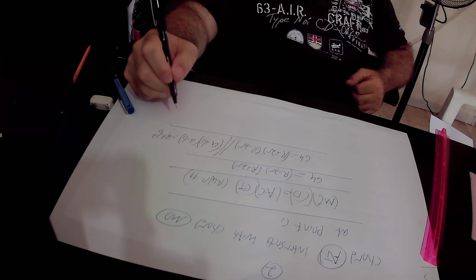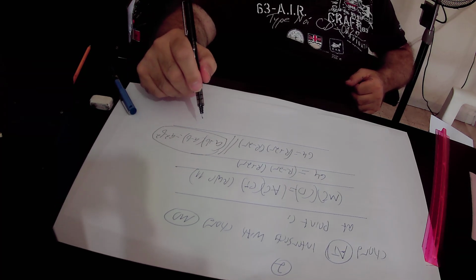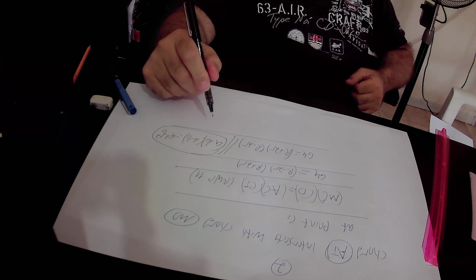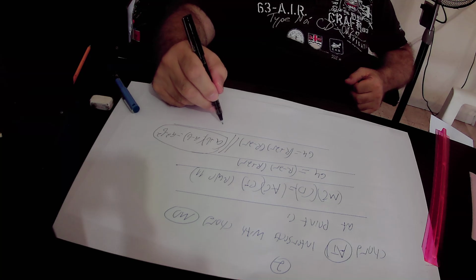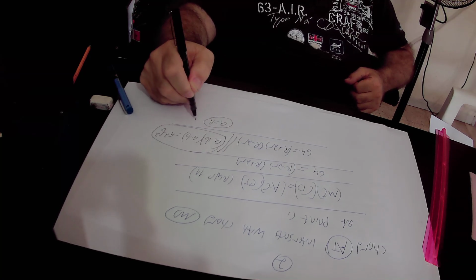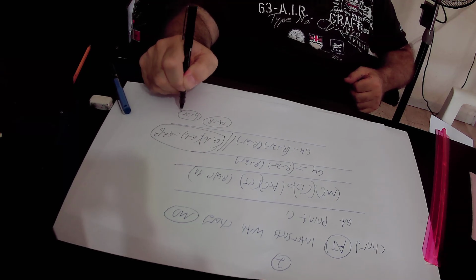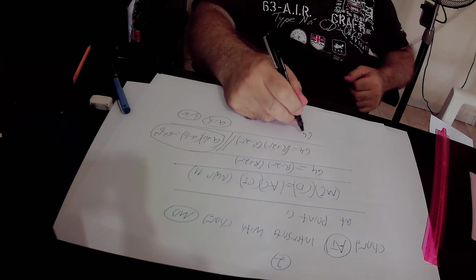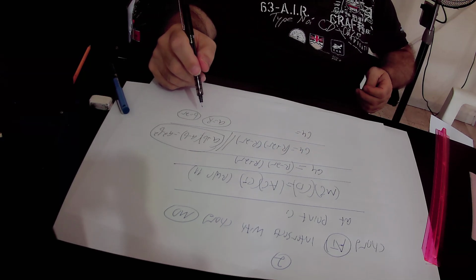Now in our specific expression, A equals capital R and B equals 2R.